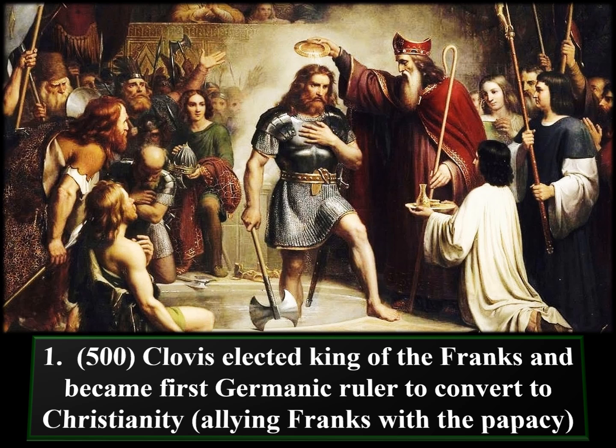And he becomes the first of these Germanic rulers, ultimately, to convert to Christianity. This will be important because it will eventually ally the Franks with the papacy, or, of course, the Pope.